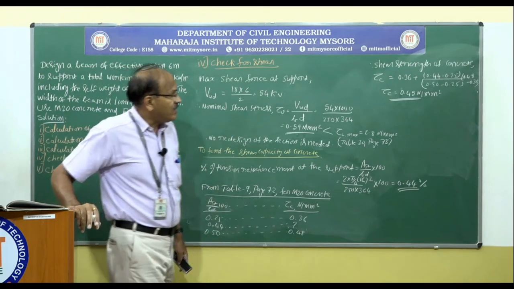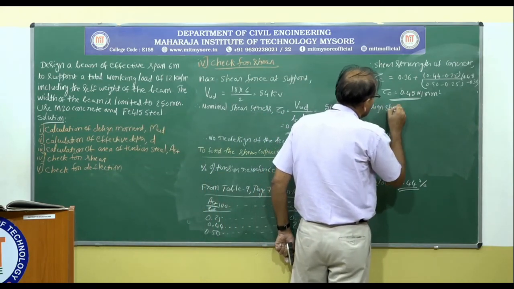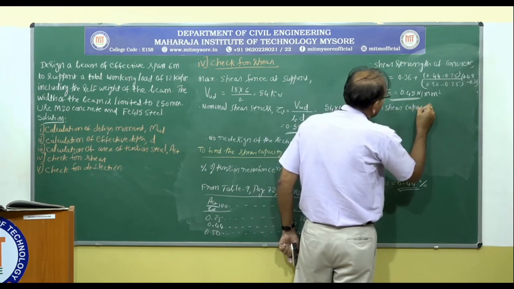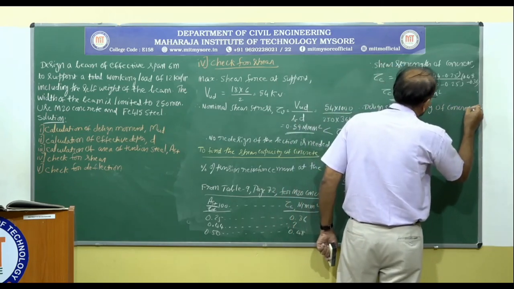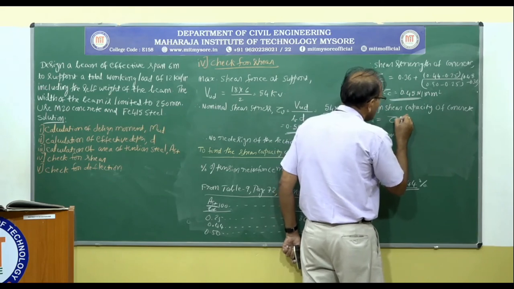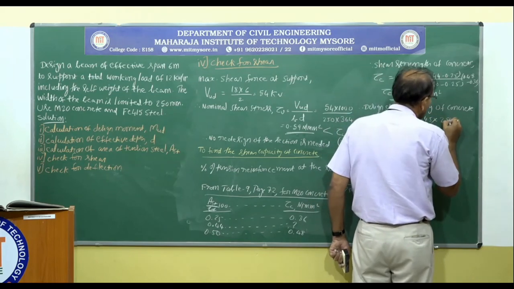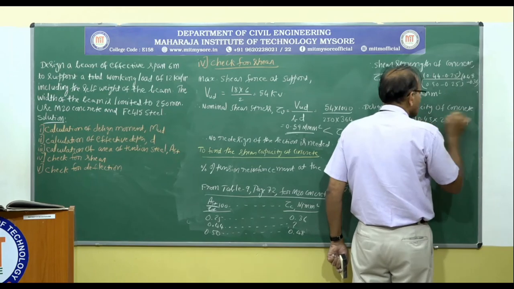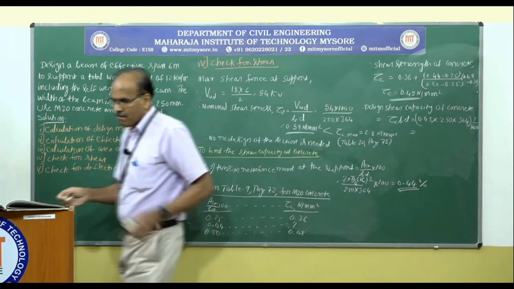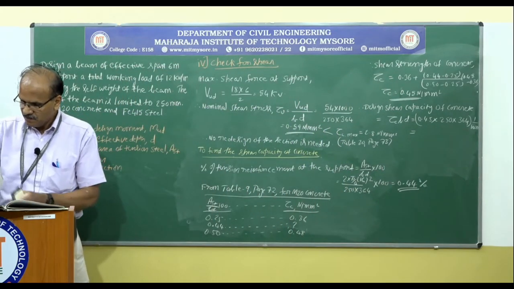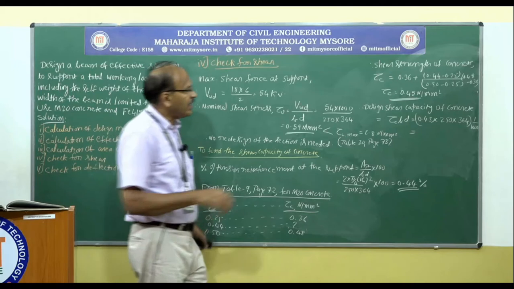Okay. So once we have this, therefore design shear capacity of concrete equal to tau C BD, that is 0.45 multiplied by 250 multiplied by 364, that is equal to 40.95 kilonewton.